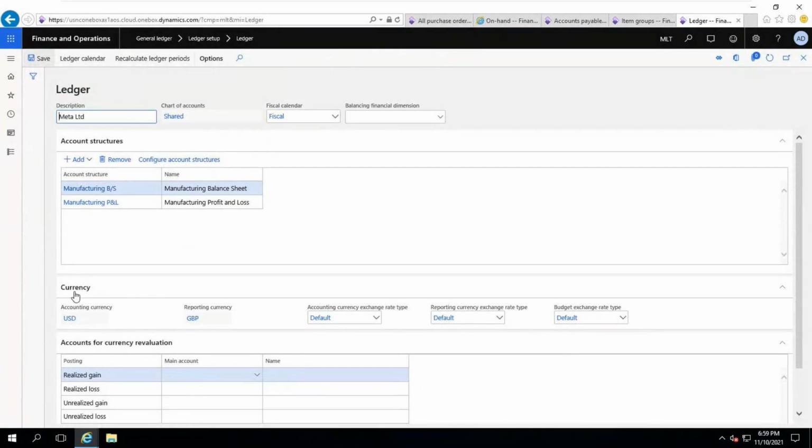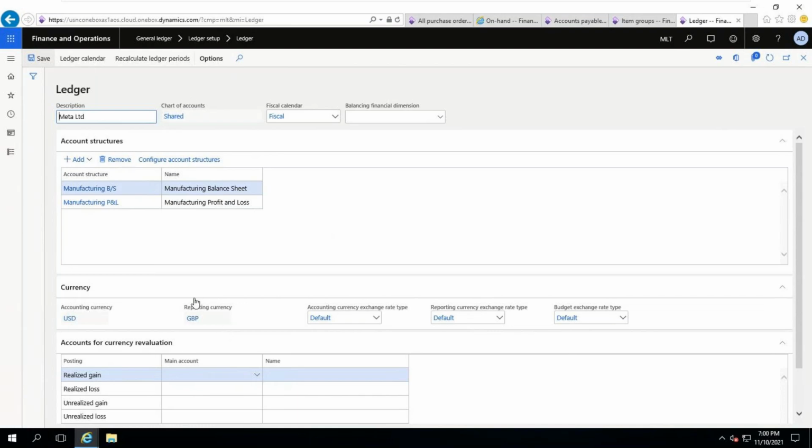And US dollars, GBP, everything is frozen. You cannot modify further because a single transaction is posted. Once one transaction is posted, it is locked.